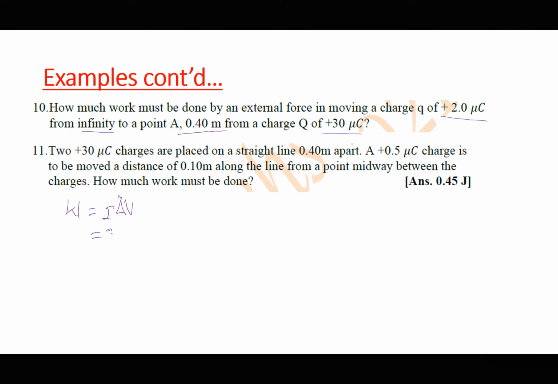So the work done will be charge times potential at a point, which is K times Q over R. That is positive 2.0 times 10 power negative 6, then times K, which is 8.99 times 10 power 9, then times the large charge creating the field, which is 30 times 10 power negative 6, divided by 0.40. Okay, I press my calculator to get the work done.